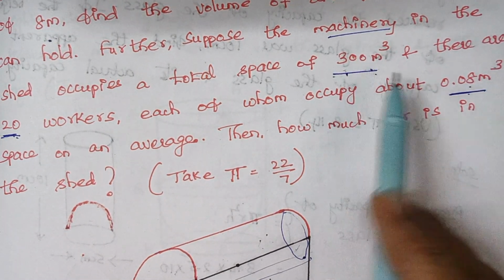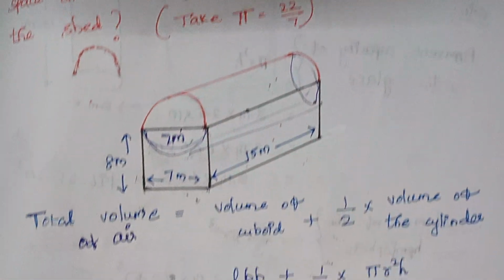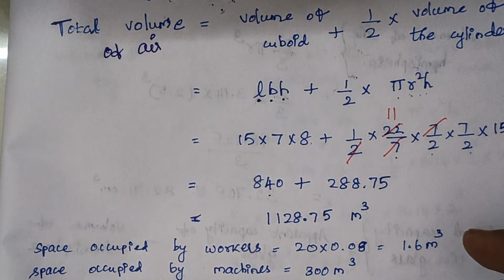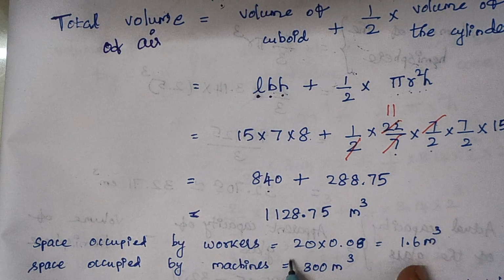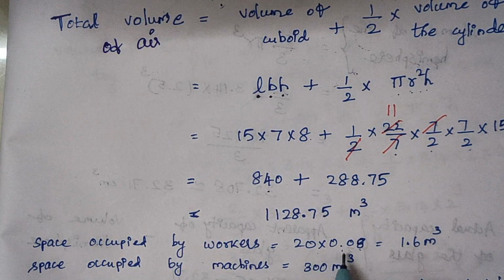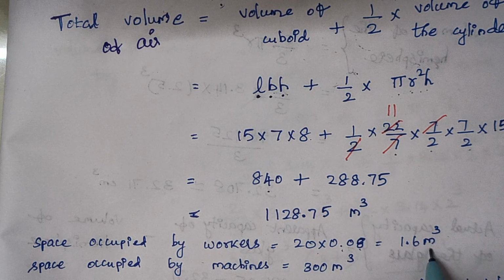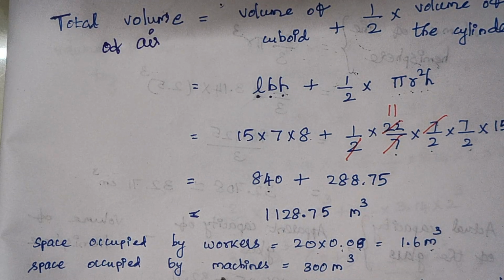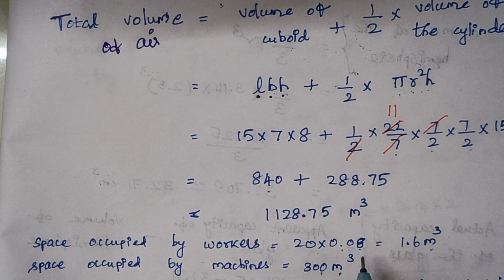This is given directly. So you see, space occupied by the workers is given by 20 into 0.08. Okay, just now I explained, right? So this gives the answer of 1.6 meter cube. Then what about the space occupied by the machines? It is 300 meter cube, right?